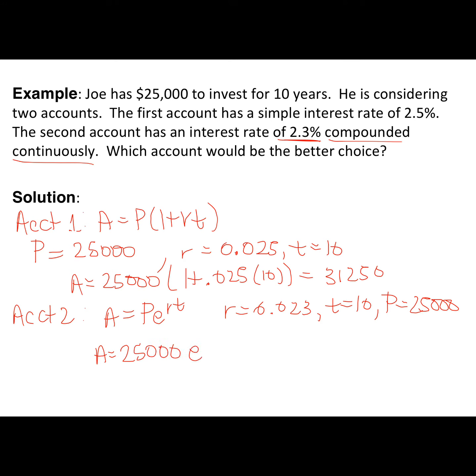So A equals 25,000 times E to the 0.023 times 10. Okay, you should be able to plug this whole thing into your calculator. And I get 31,465.00.